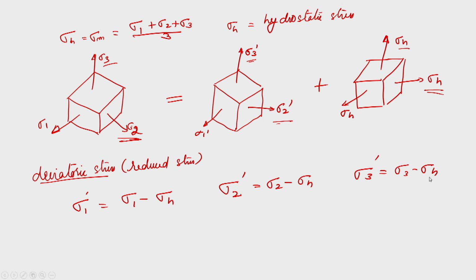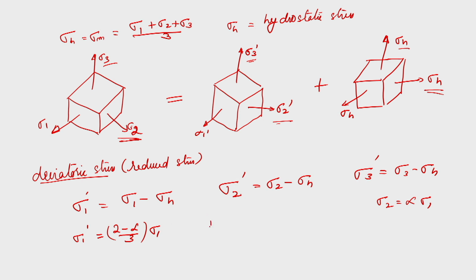We can write it like this along the three directions, but if you substitute the value of sigma h as sigma 1 plus sigma 2 plus sigma 3 by 3, and say sigma 2 is equal to alpha into sigma 1, then you can write sigma 1 dash in terms of alpha as 2 minus alpha by 3 into sigma 1.